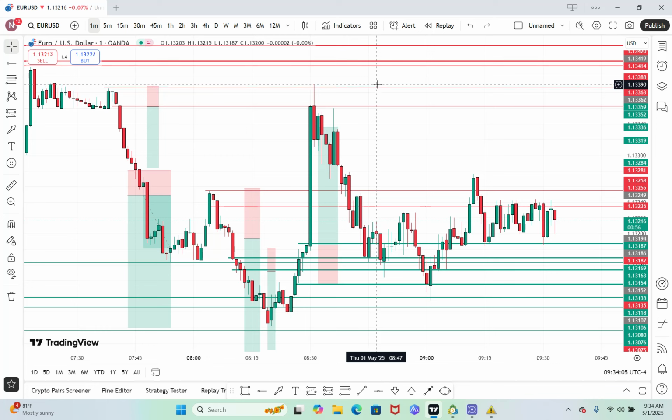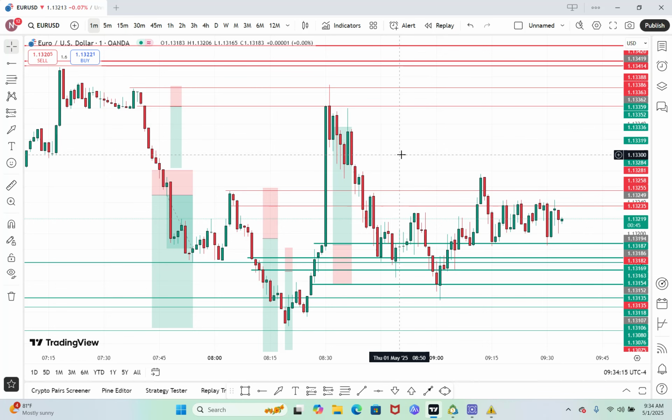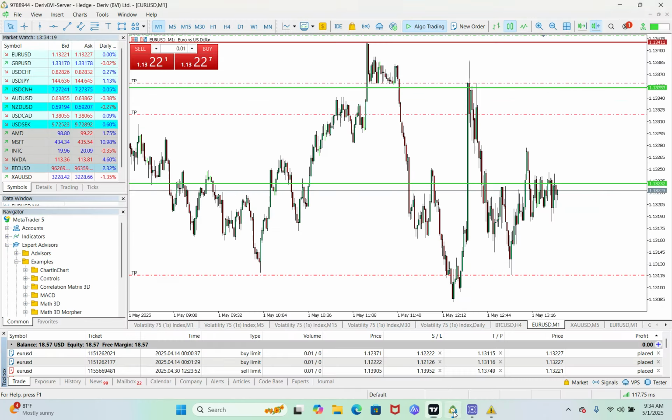1 to 2 pips. So we're not worried about that. A lot of trades are going to come. We're still in front of the market for today.